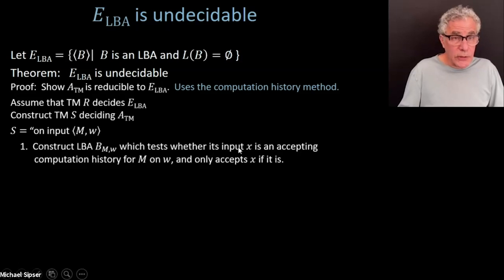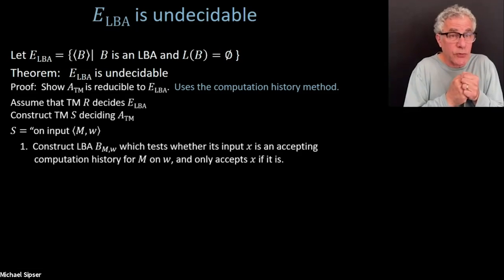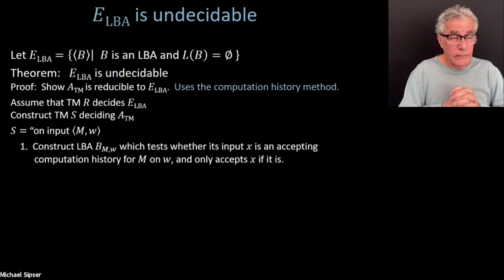And what that LBA does, it takes its input, let's call it X, the input to the LBA, and examines that input to see if that input is an accepting computation history for M on W. That LBA is just looking for computation histories for M on W. And that's the only thing it's going to ever accept.